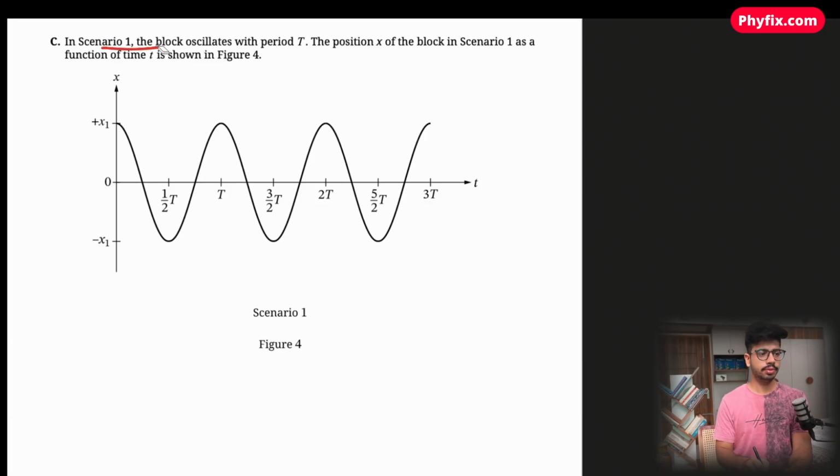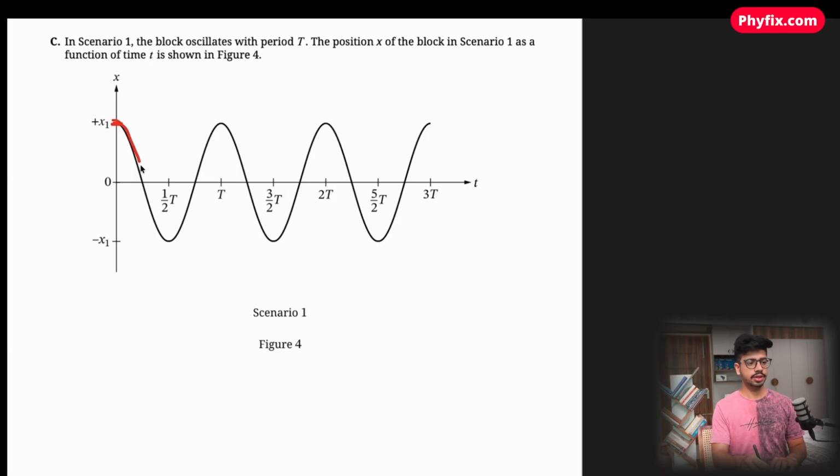So in scenario number one, the block oscillates with the time period T. They are talking about only the block in scenario number one. The position x of the block in the scenario as a function of time, they have already drawn. So x1 position, so it is being released.